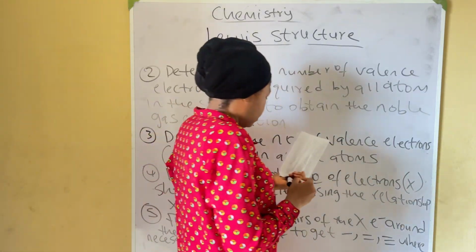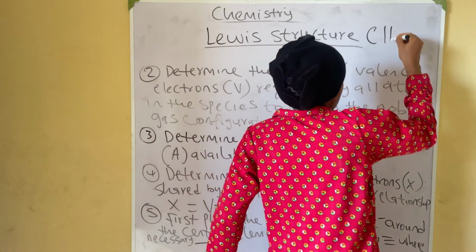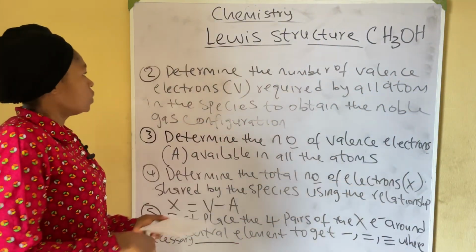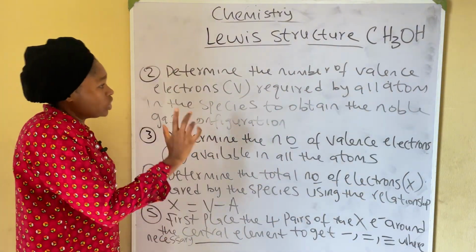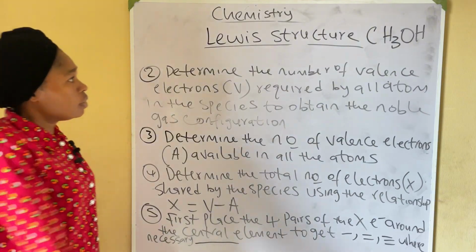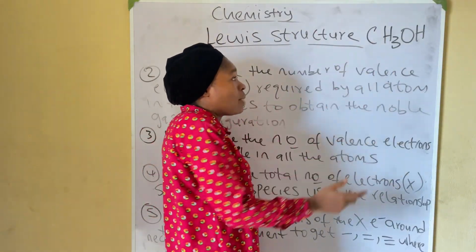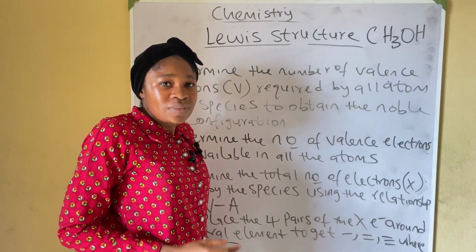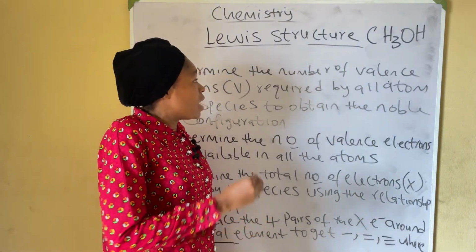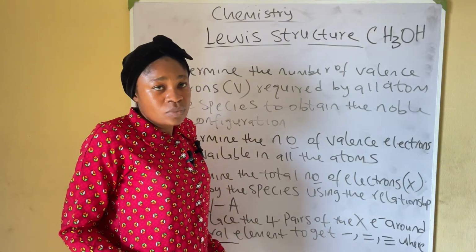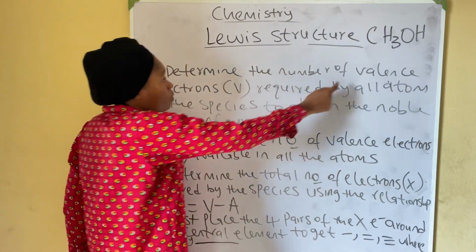Carbon has 4 valence electrons, but the number carbon requires to attain noble gas configuration is 8. So the V for carbon will be 8.